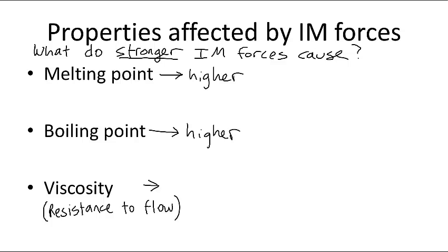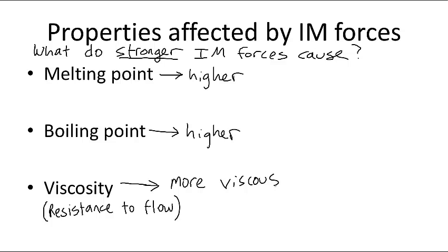So stronger intermolecular forces are going to make something more viscous. So the conclusion that Max is drawing is honey must have strong intermolecular forces.